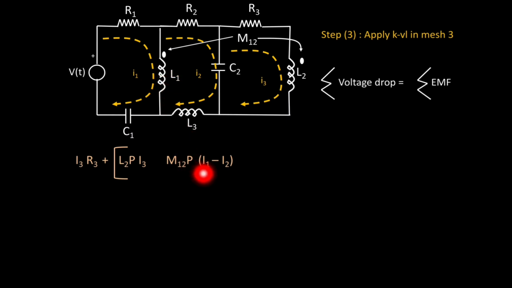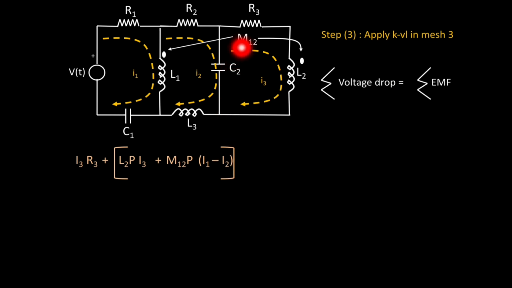In L1, as we have taken I1 greater than I2, we will check I1. I1 is flowing in the clockwise direction like this, and I1 is getting the dot at the time of entering. So here we get I3 entering, and here also we get I1 entering. So entering is positive, so we will just close the bracket now.